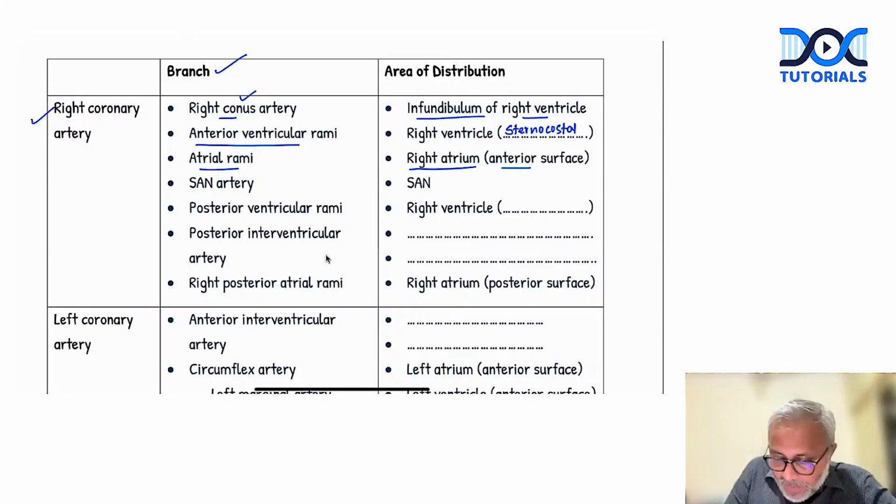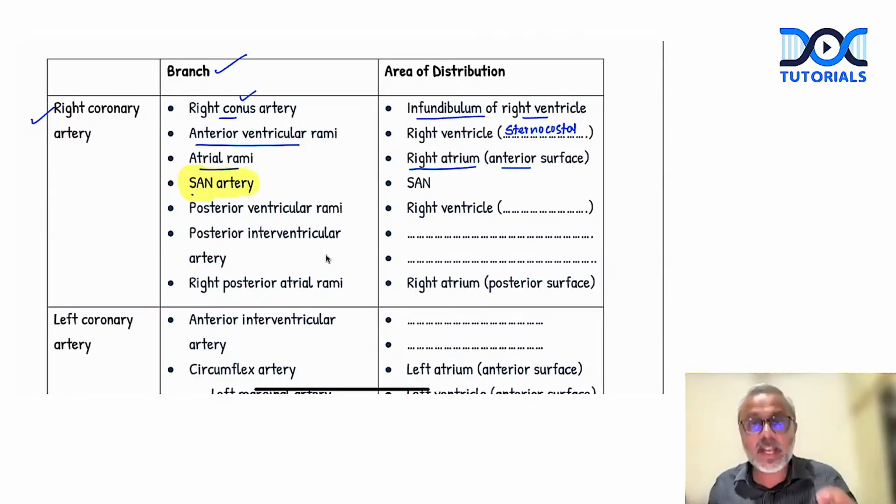Now we have an artery called the SAN artery. Remember, in 60% of the cases, SA nodal artery arises from the right coronary artery. As the name suggests, this supplies the sinoatrial node. Are we clear? This again is a very important MCQ question.